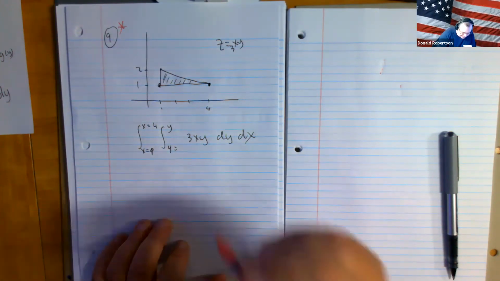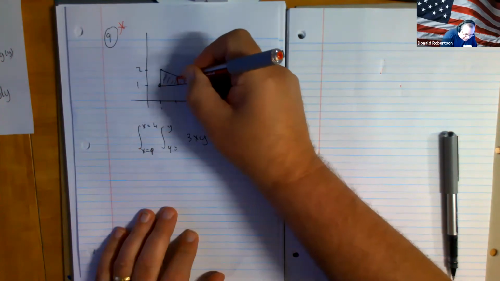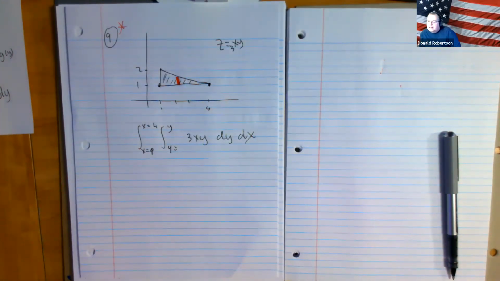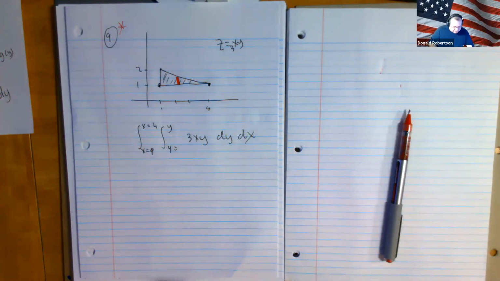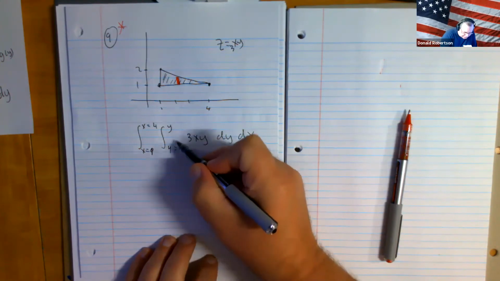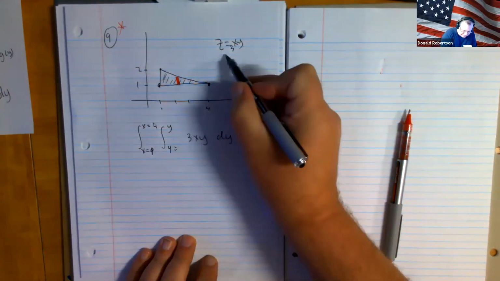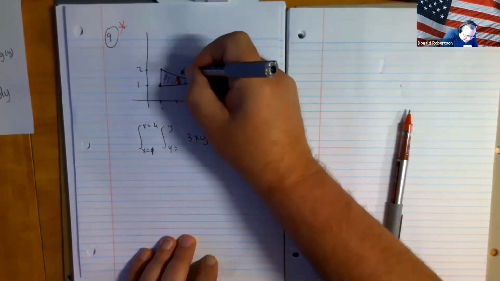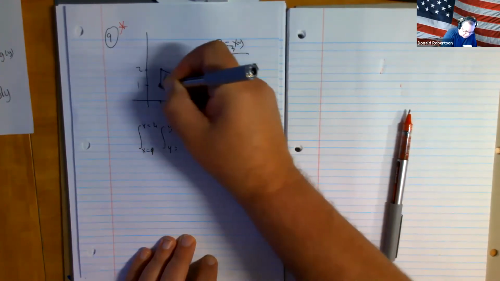In this particular question, I'm going to do the vertical line. Whenever you do the vertical line, everything ends up being x's, essentially. So I am going to do y equals somebody to somebody, and the x is going from 1 to 4. That's the 3xy bit. The only bit that's really missing is the upper limit, because this line here is y equals 1.